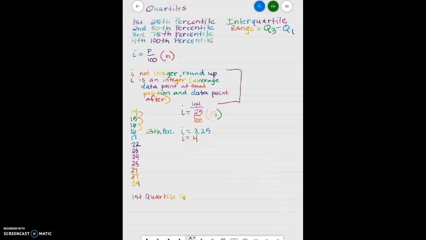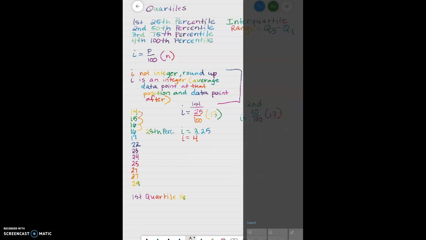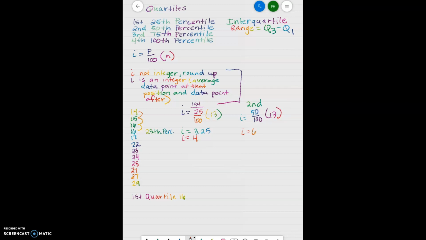And for your second quartile, you do the same thing, except this time it's the 50th percentile, and you do the 50th, 0.5 times 13, which would be 6.5. So always round up, and you would get the 7th spot.